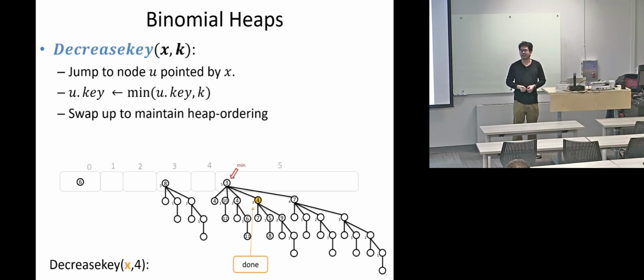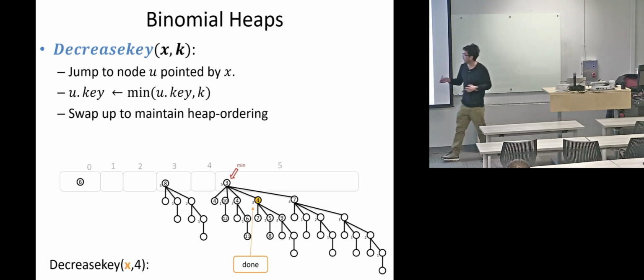Well, if you didn't give it a pointer and just a value and had it search for it. So I need this pointer because, suppose I insert X a long time ago, and now I want to decrease key of X. I need to be able to jump to this node. Insert, I mean. Yeah, for insert, I need to maintain this pointer, because without this pointer, I cannot implement decrease key immediately.